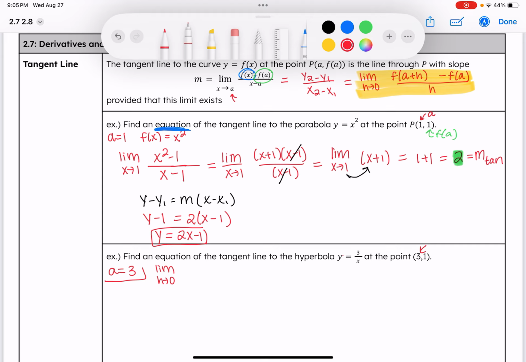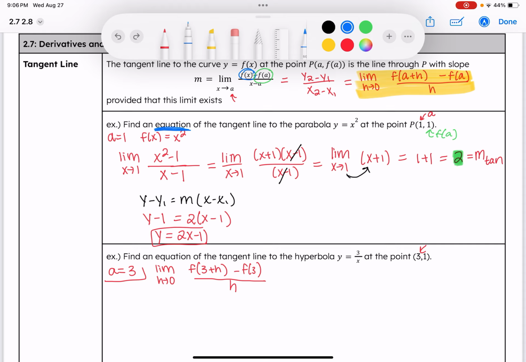That's going to be your function, but instead of trying to add a to that and making it super complicated, we have our a, which is 3, and we're going to add h to it. So f of 3 plus h minus f of 3 all over h. Again, that's coming directly from your definition of a derivative, that limit notation.